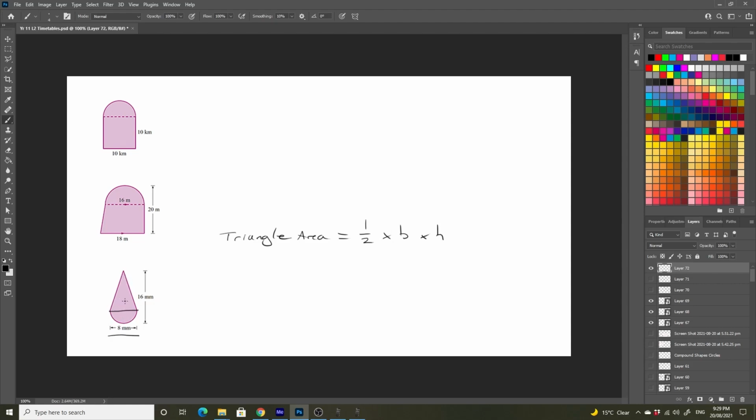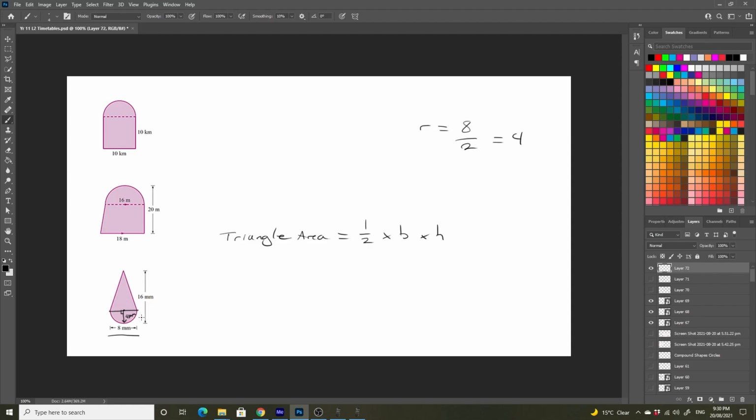Now we're going to follow the same logic as we used for the last one. If this is our diameter, then our radius must equal half of our diameter. So our radius is going to be equal to 8 over 2, which is equal to 4 millimeters. And if we know that the radius can be at any point, we can go 90 degrees directly down, and this will still equal 4 millimeters.